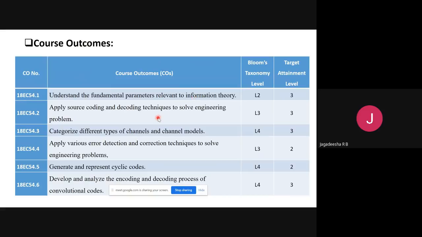And then in the next outcome, that is 4.2, you will be learning how to apply some of the source coding methods that we learn in this course.